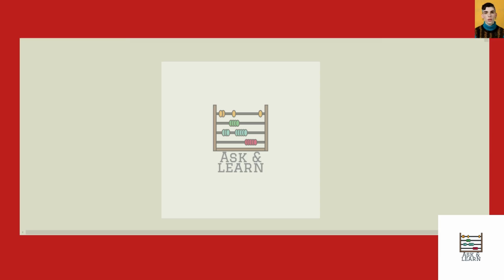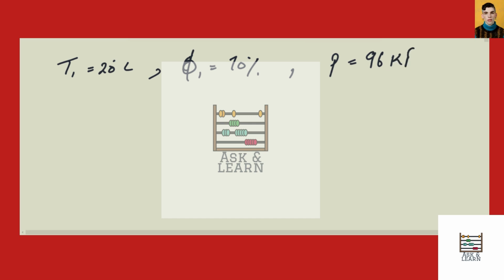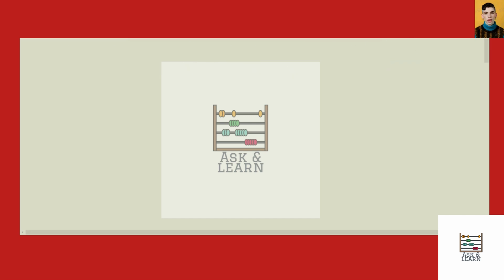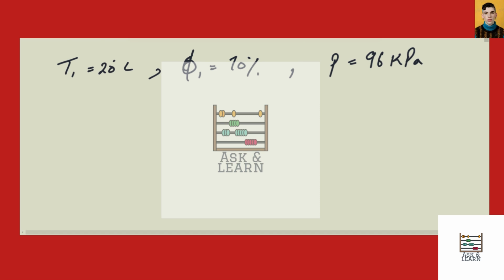Alright guys, to solve this problem, we first need to use the given temperature, T1 = 20 degrees centigrade, the relative humidity, phi1 = 70%, and the pressure, P = 96 kilopascal, to determine the vapor pressure PV1 and from that the dry air pressure PA1.